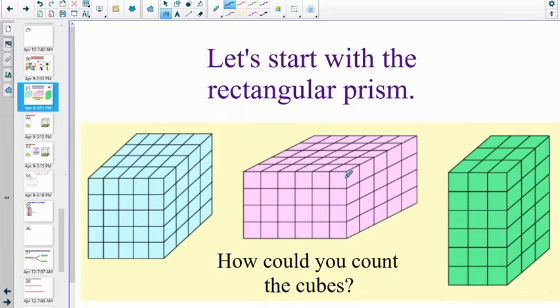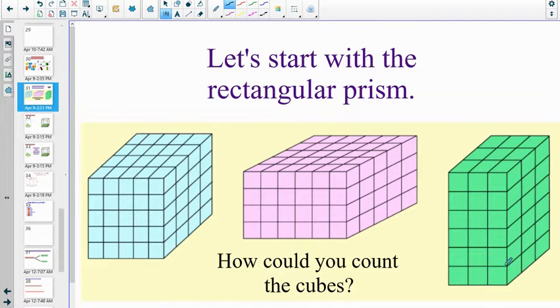So this is 24 unit squares along the base. But then I've got 1, 2, 3, 4, 5 layers. So 6 times 4 gives us 24. And then 24 times 5, that gives us a total of, I believe that's 120. If I counted them, there would be 120 unit cubes.